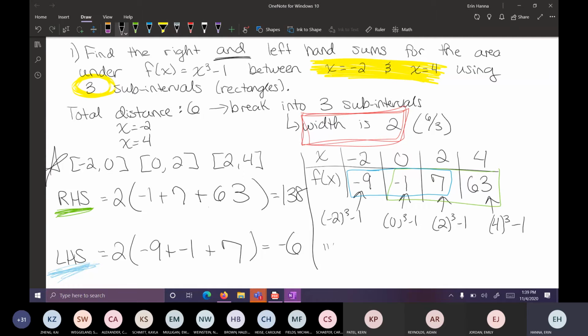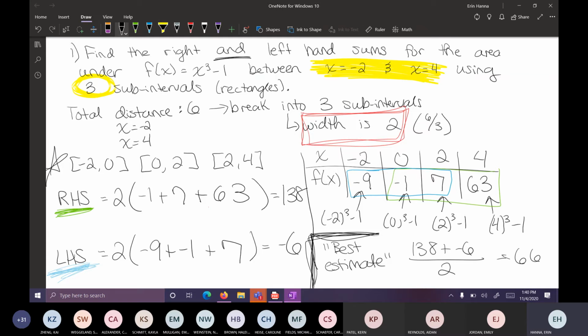If I'm asking you to find the best estimate, you would take that left hand and add it to the right hand and divide by 2, average the two numbers, and you can get a better estimate that way, which would be 66.